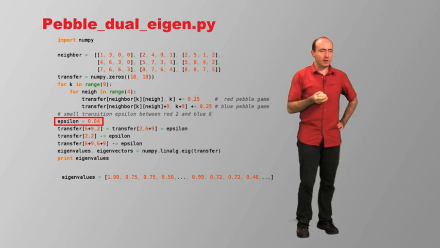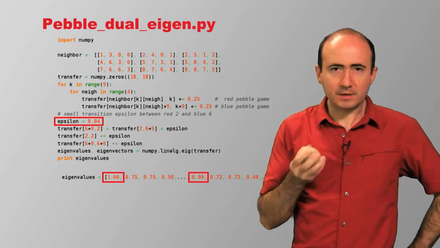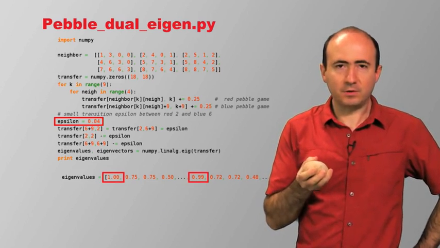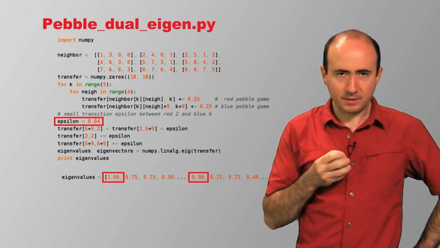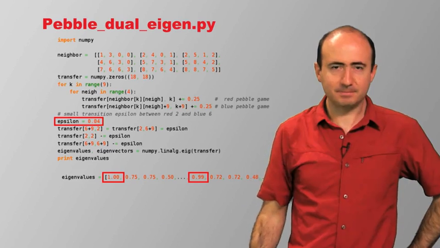This small probability can also be observed in the transfer matrix in the program pebble dual eigen.py, where it allows us to recover a unique eigenvector of eigenvalue 1, that is to say, a unique steady state.